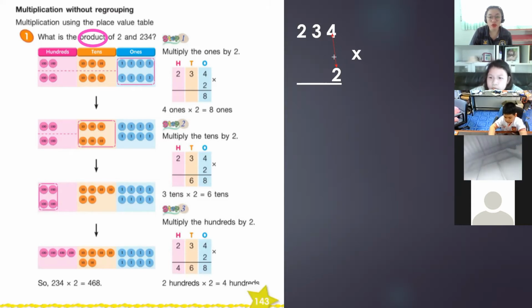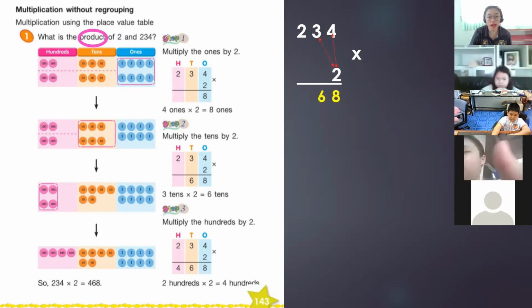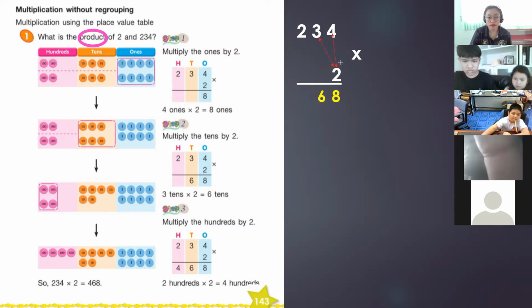2 times 4 is equal to 8. Next, we multiply the tens place. 2 times 3 is equal to 6. The last is the hundreds place. 2 times 2 is equal to 4.